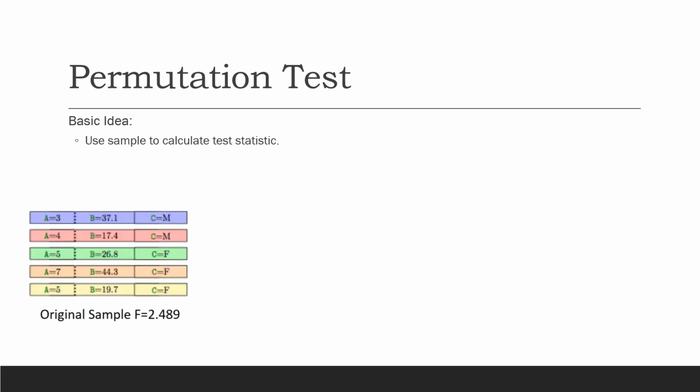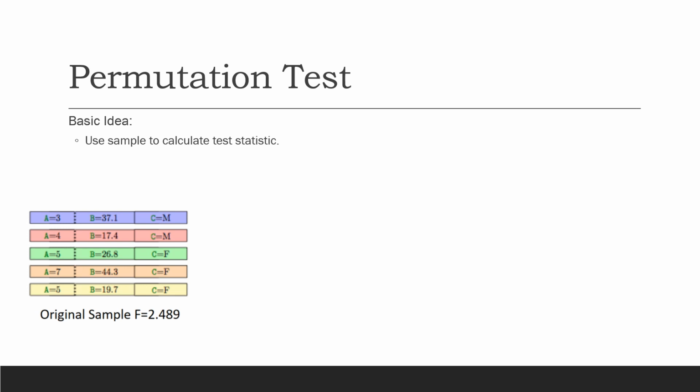Remember, once we have our test statistic, I need to figure out a probability model for the test statistic, assuming that the null hypothesis is true. And one way that I can do that is with a permutation test. Now, the basic idea of a permutation test is that I start, as I always do, by using my sample to calculate a test statistic. So in this situation, I'm going to do a tiny example with a data set that has only 5 cases.